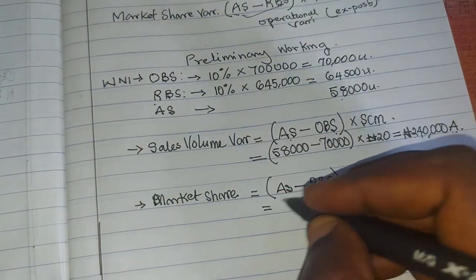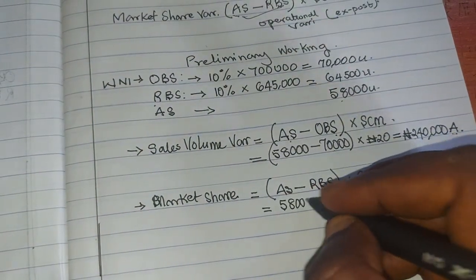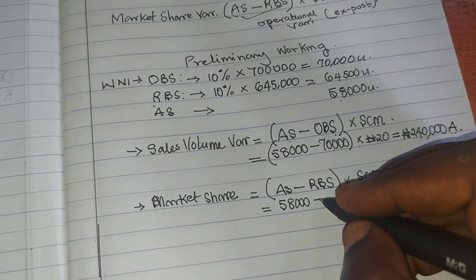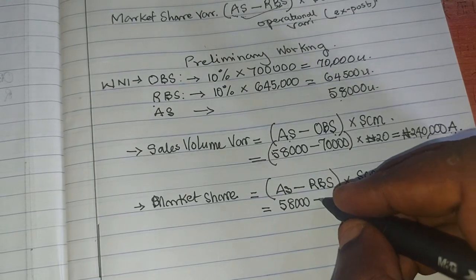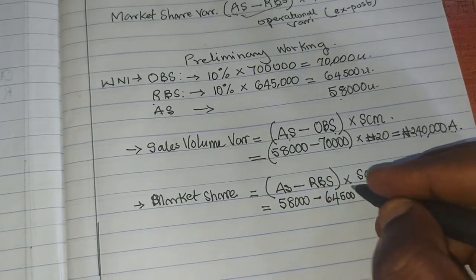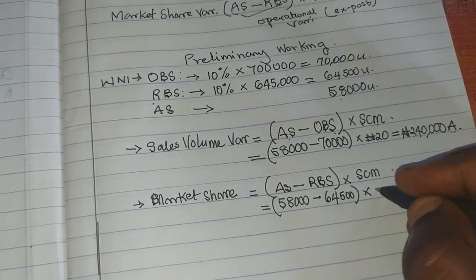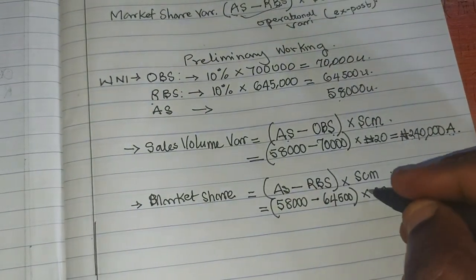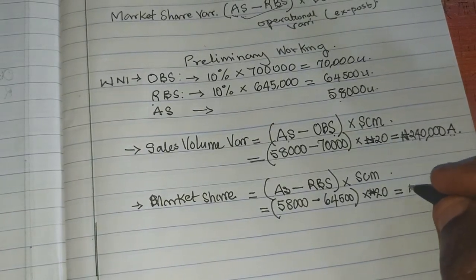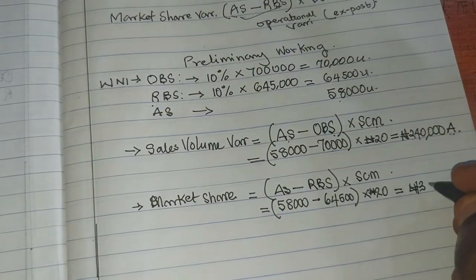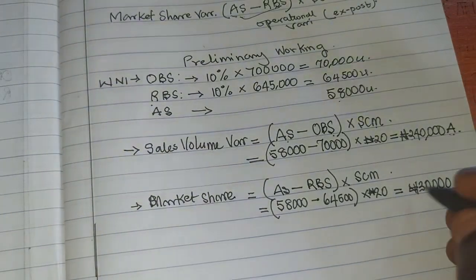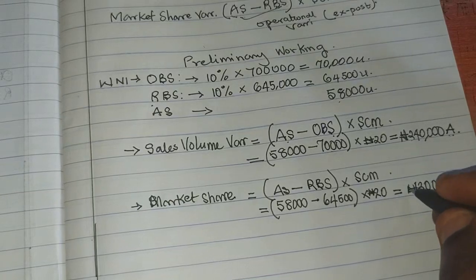So our actual sales is 58,000 units minus 64,500, times 20 naira, and this will give you a negative of 130,000 naira. That's 130,000 adverse.